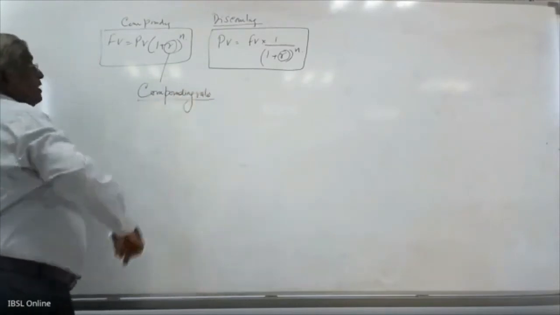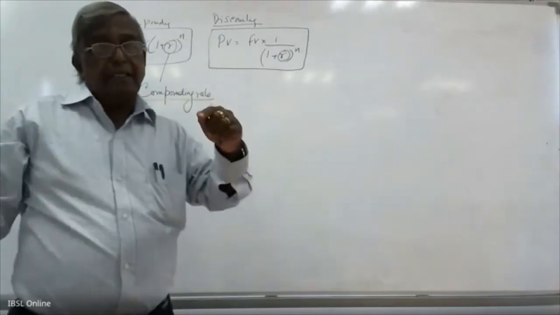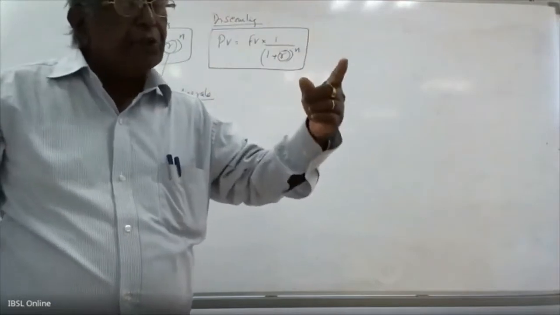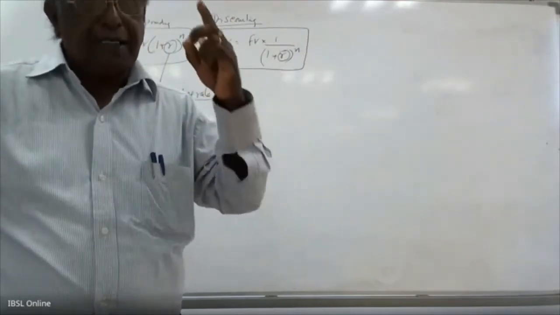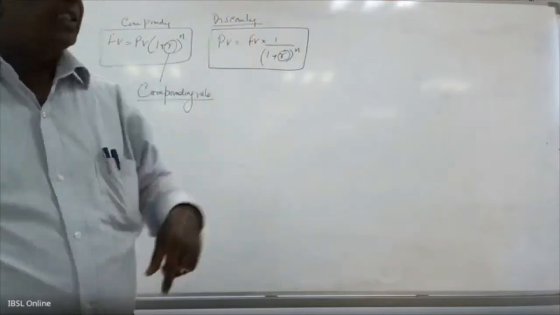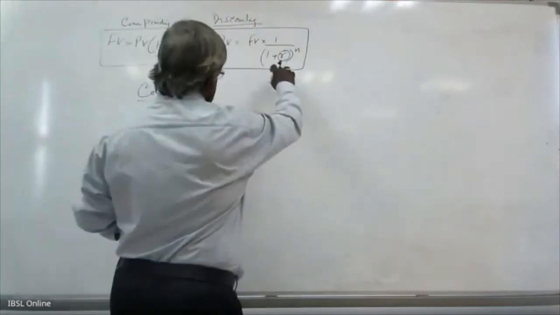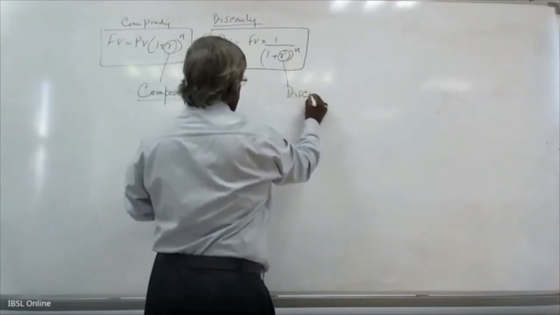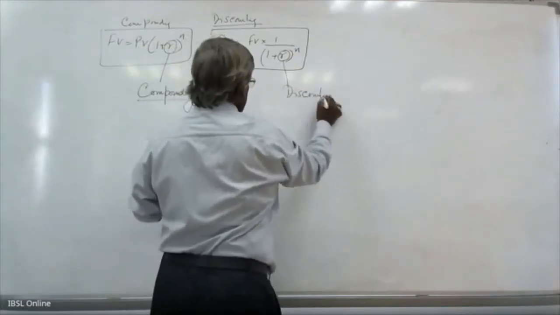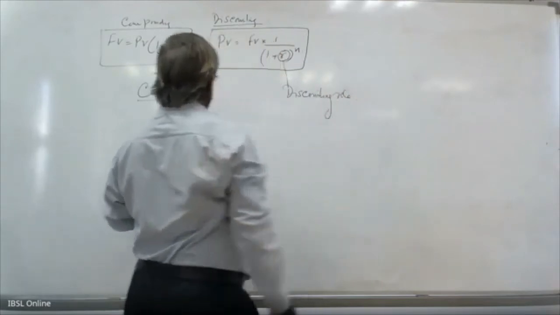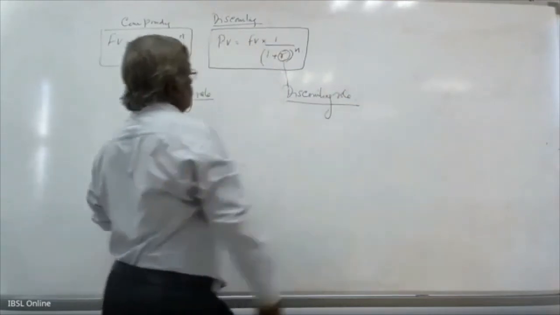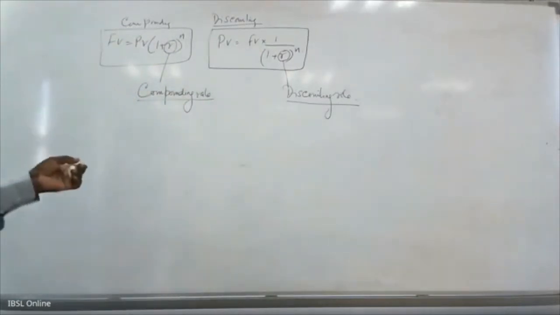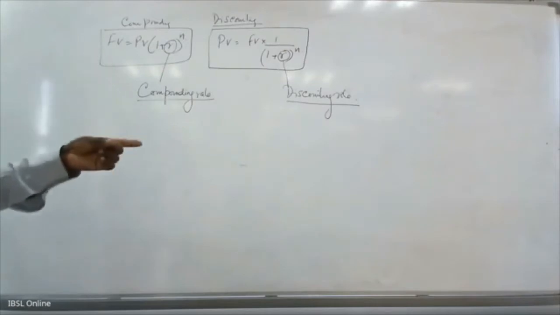The interest rate we use in the compounding technique while converting present value into future value is called the compounding rate. Similarly, the interest rate we use in discounting, when we convert future value into present value, is called the discounting rate.